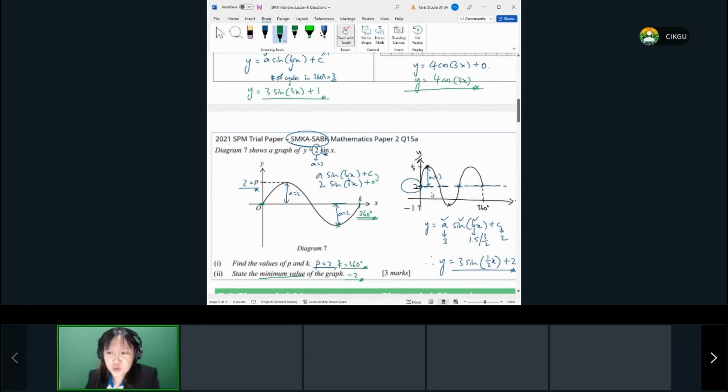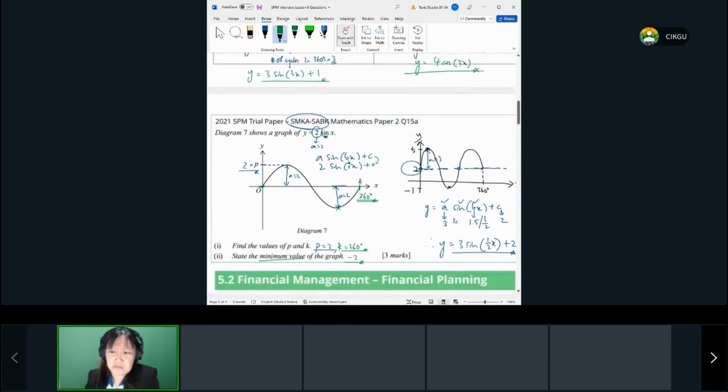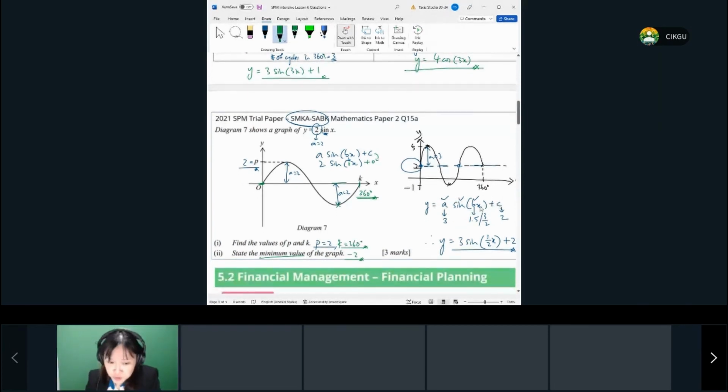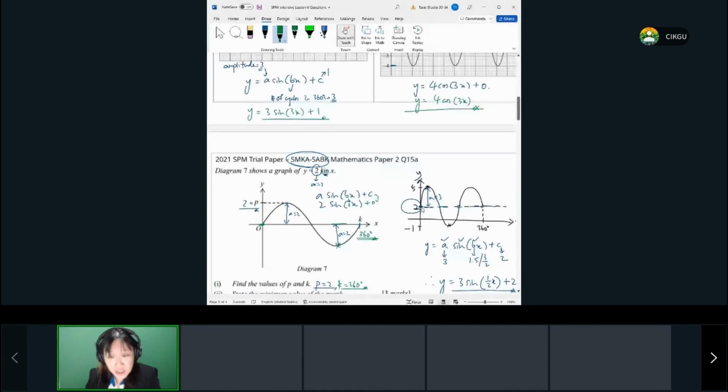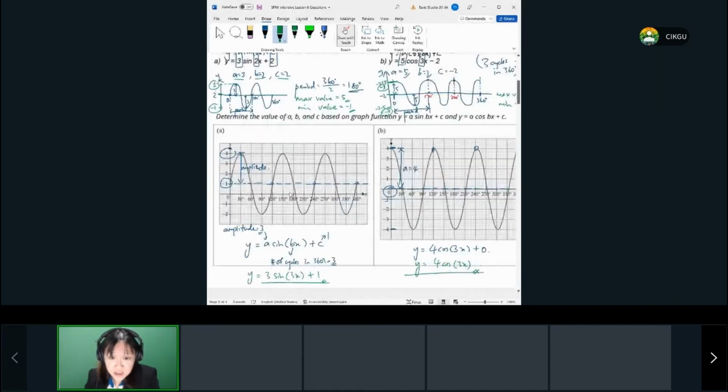Is it because you don't know what is the meaning of A, B, and C? That's why you are confused. You know what I mean? If you know what A, B, and C mean, then you are mostly okay. Next is you just recognize where is 1 cycle. You need to recognize where 1 cycle is. That's it only.